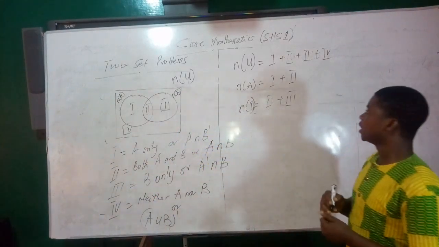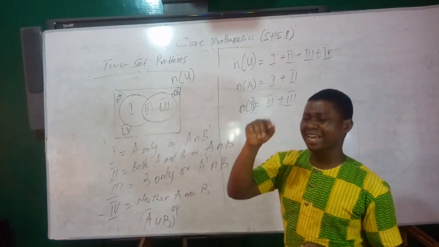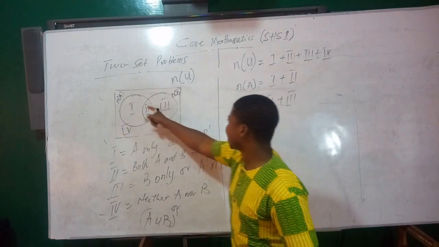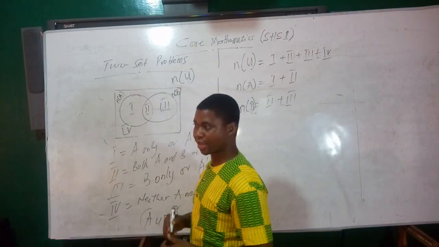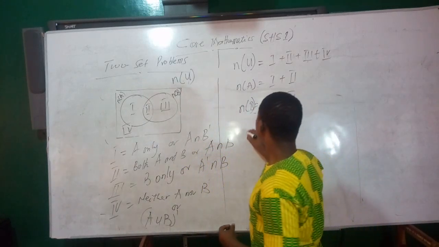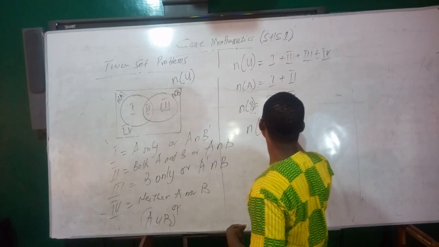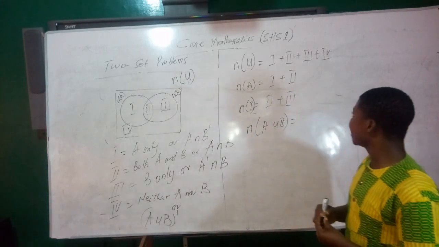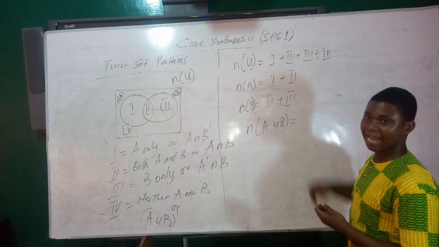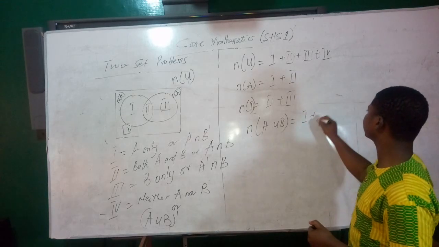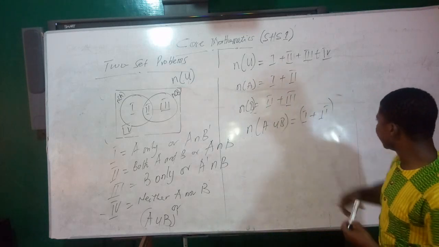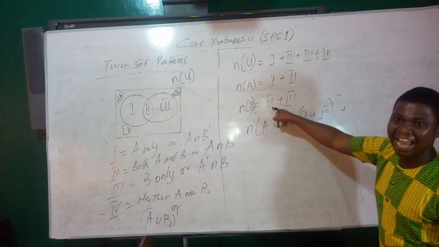Now let's move on. We want to find A union B. When you look at that, the whole of this gives you N of A. The whole of this gives you N of B. So N of A union B: N of A is I plus II, and N of B is II and III.